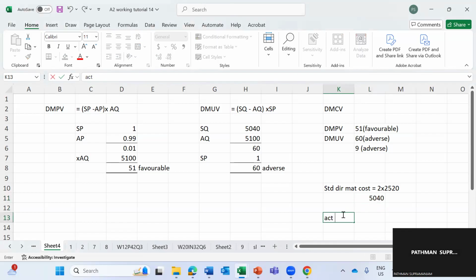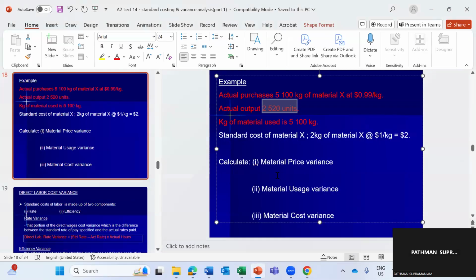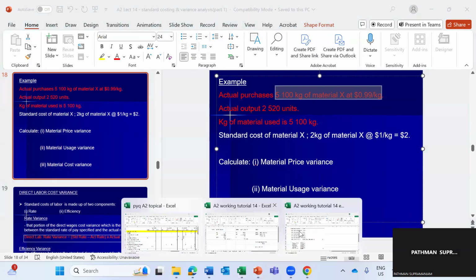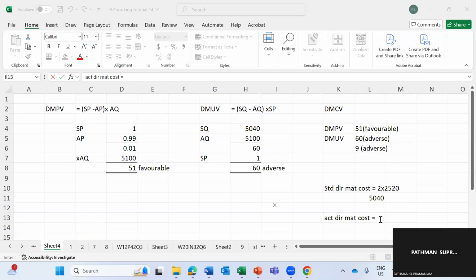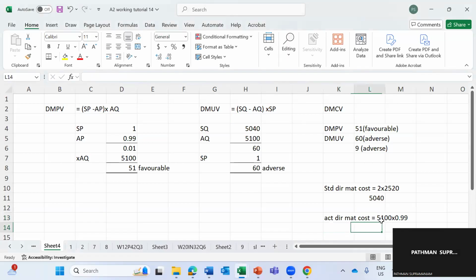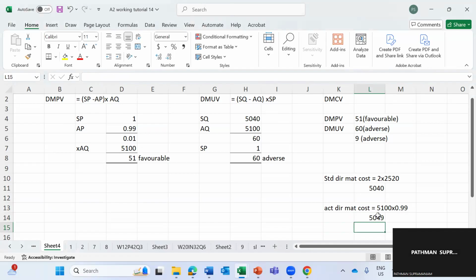But the actual direct material cost was 5,100 times 0.99, which will give us 5,049.